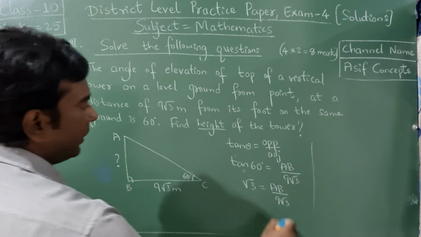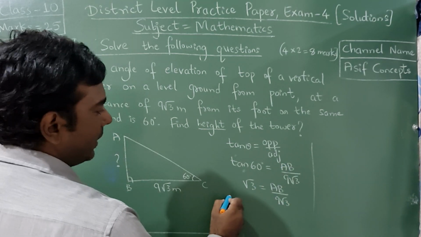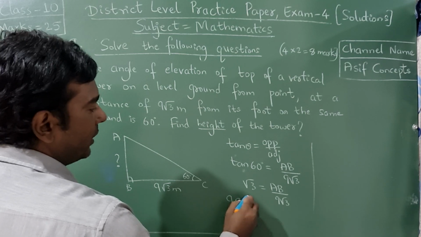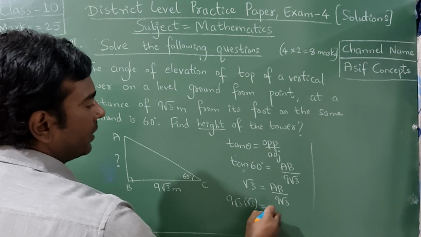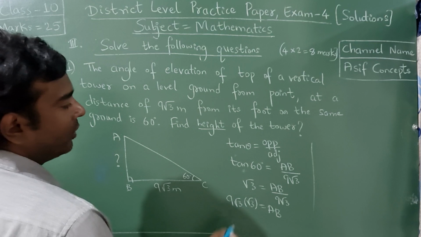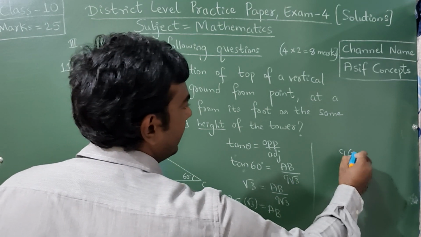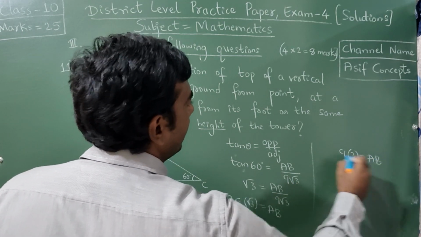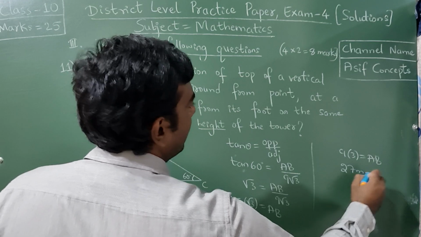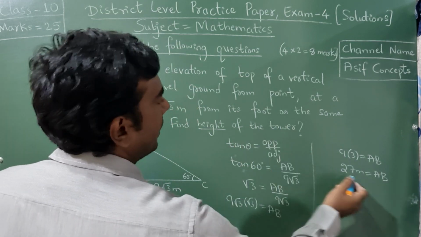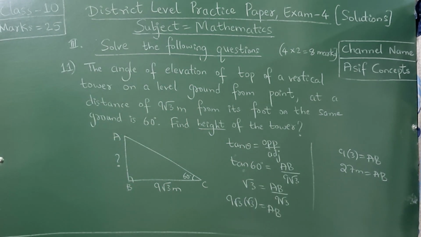Okay. If I cross multiply this, then I'll get 9 root 3 into root 3 is equal to AB. So root 3 into root 3 is 3. So 9 into 3 is equal to AB. 9 threes are 27. So height of the tower is 27 meters.